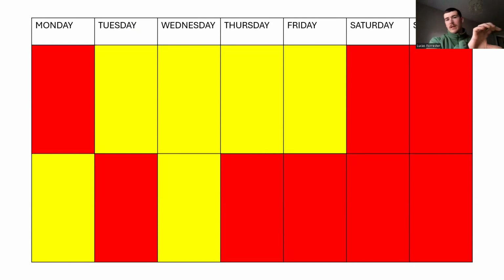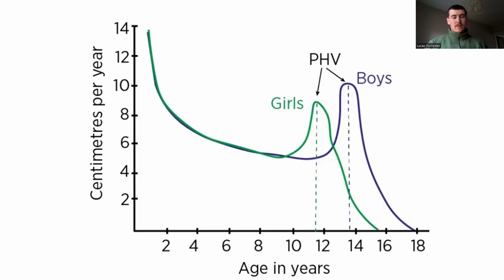Ideally, this is something that we really wouldn't want to see, because when I saw this, my first thought was, where are the days to recover? The reason I was thinking about this is, if I go back to this peak height velocity graph, during this period of accelerated growth there's a lot of changes going on in the body.